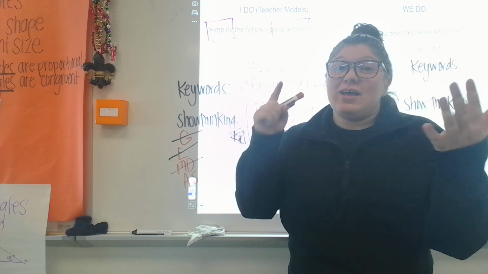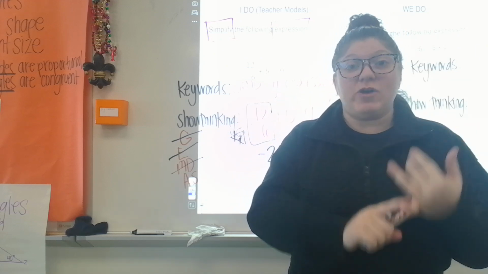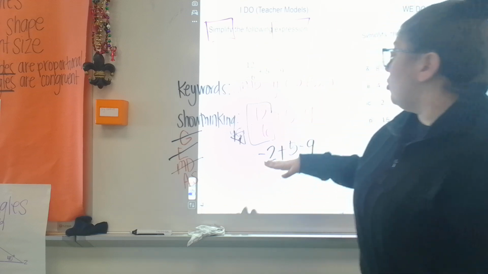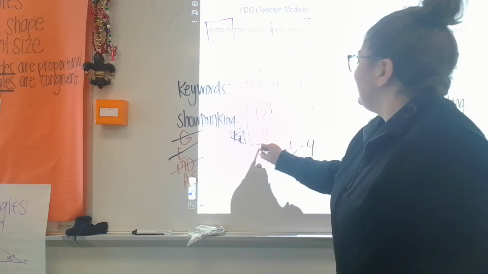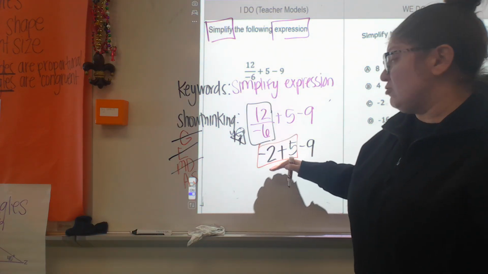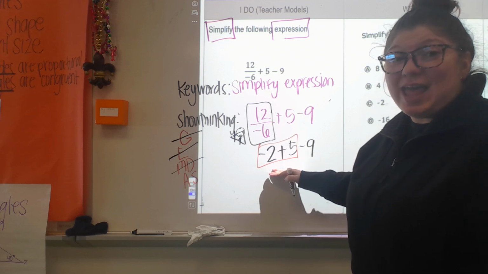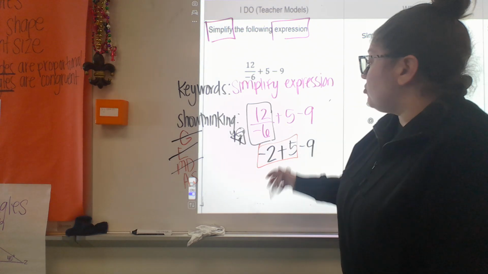So remember, multiplication, division, left to right, add and subtract from left to right. So we're going to go from left to right. Negative 2 plus 5, they are different signs, so I'm going to subtract. That's the same thing as saying that I have $5, but I let Miss Pacheco borrow $2, so that gets me 3.